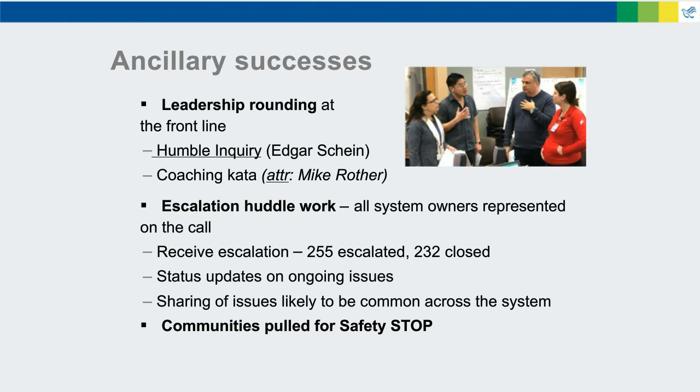We have sharing of issues that are likely to be common across the system. And as we started to roll this out, people started to pull for it, for the safety stop process, which you'd rather have pull than push as you're rolling out a new process, with people saying, when do we get to go, when do we get to go? And that was just great to see.